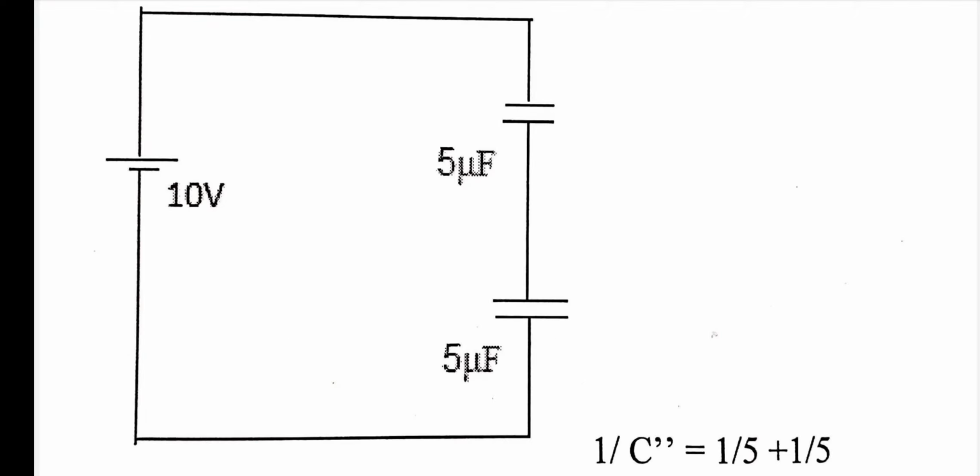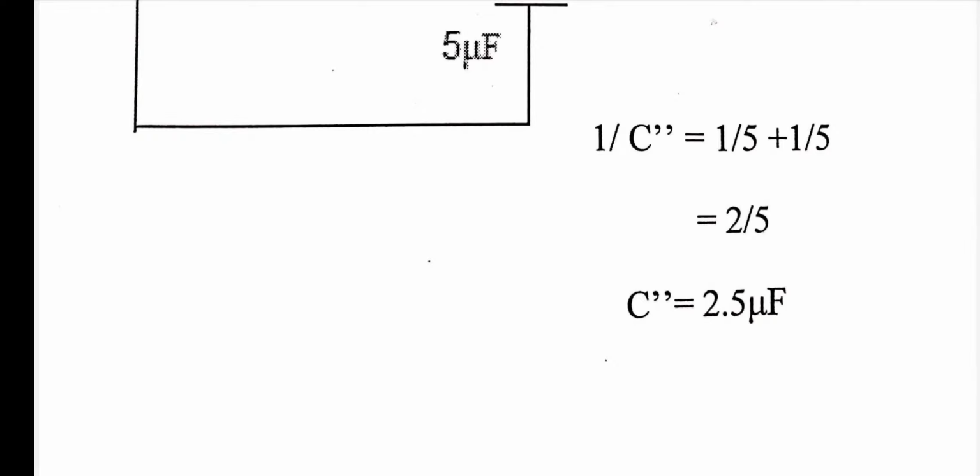This 5 microfarad capacitor will be in series with C3, which value is equal to 5 microfarad. So we will get 1 by C double dash equal to 1 by 5 plus 1 by 5, which is equal to 2 by 5.